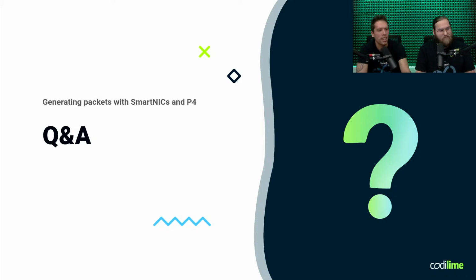All right, we invite you to ask us questions. How do you know which functions are available in the hardware? Okay, so there are description files, right? For each architecture. Actually, in P4, it's called the architecture. P4 16 defines this. We have a portable NIC architecture and portable switch architecture.